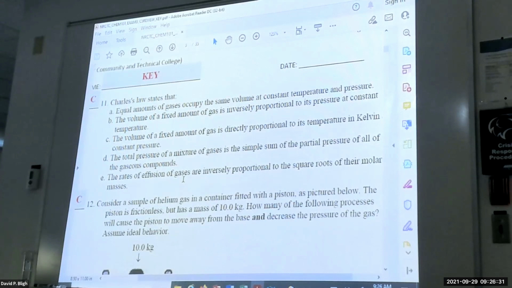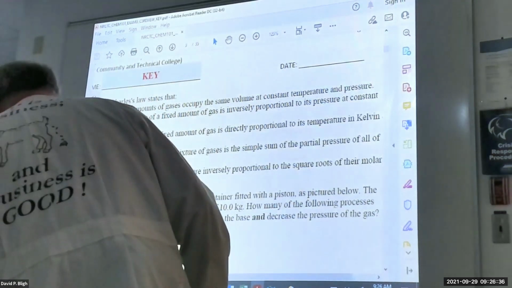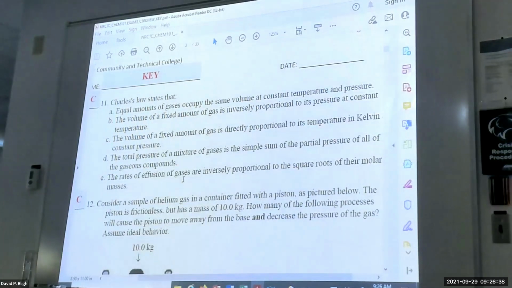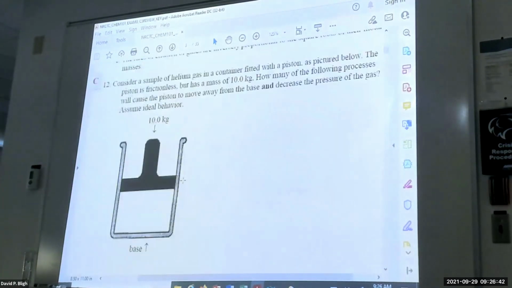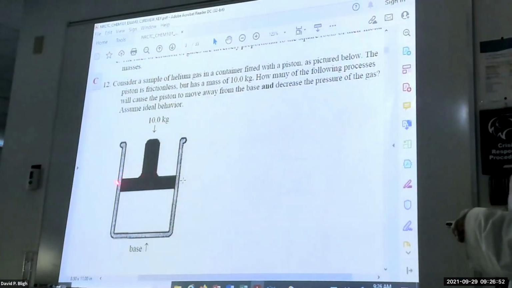Charles' law. Okay. Let's see. Yeah, we want to look at 12. So I need to scroll that one a little bit. Here we go. Here's a picture of a gas that's trapped in a cylinder with a movable piston.